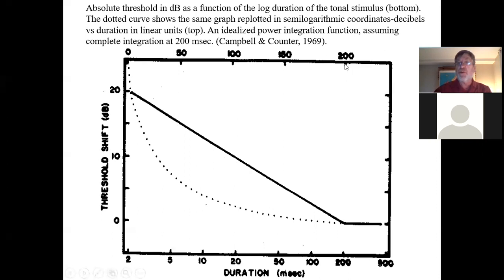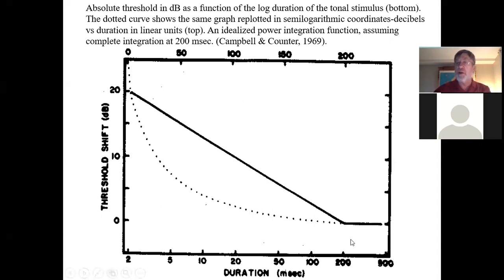If the tone is presented for 200 milliseconds, or 1/5th of a second, then your threshold improves to as good as it's going to be. After that, increasing the length doesn't make it any better. Okay? All that just means is temporal integration.